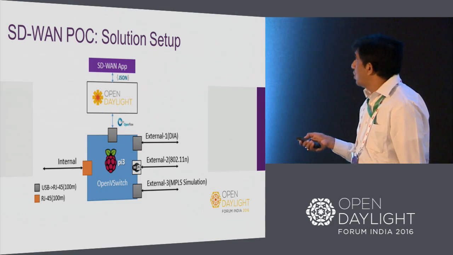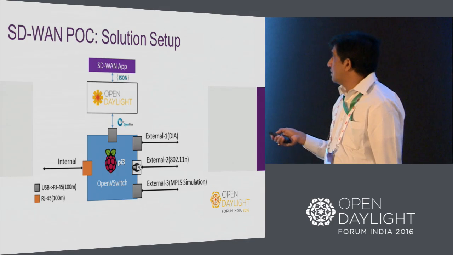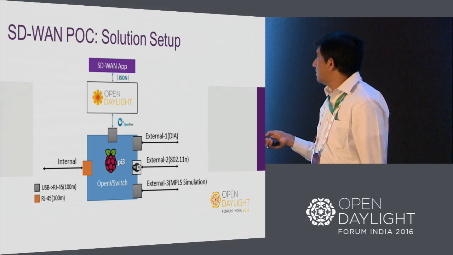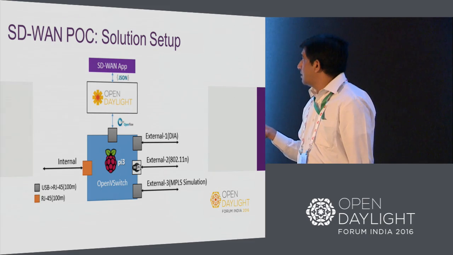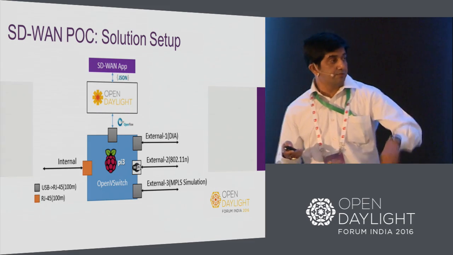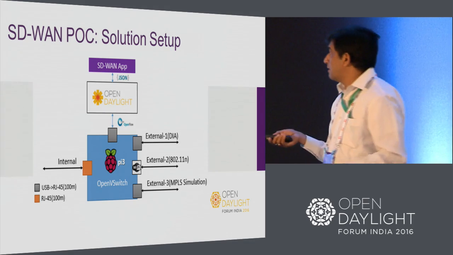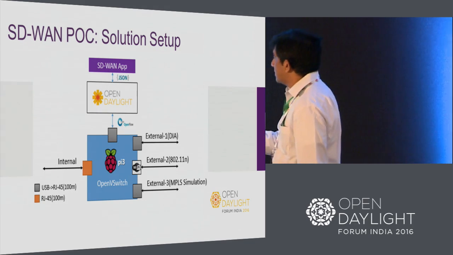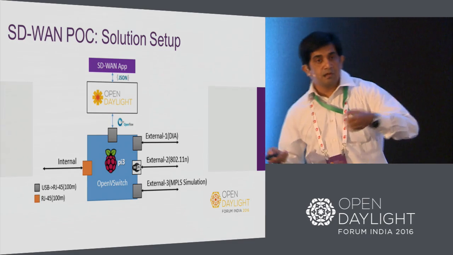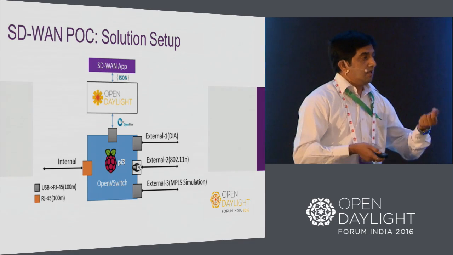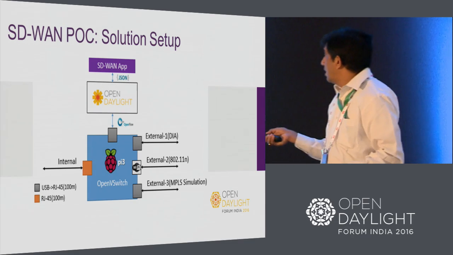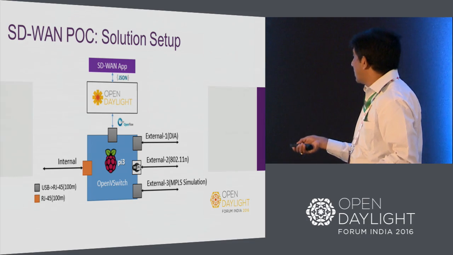Over OpenDaylight Beryllium, I have installed the SD-WAN app, which will push simple JSON rules. These rules say that if there's traffic coming with this particular port number, try to direct this traffic to external port 1 or external port 3.